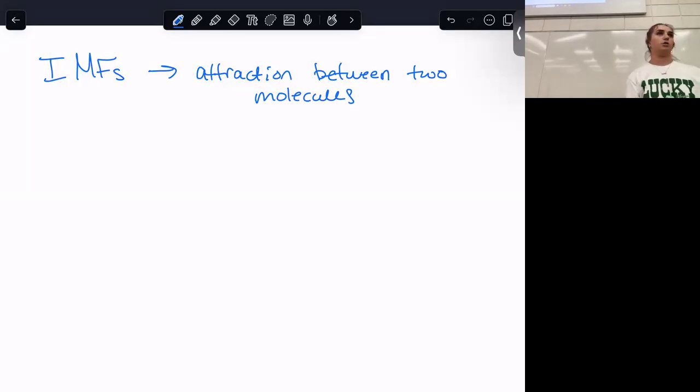This could be an oxygen atom interacting with an oxygen atom, or this could be different molecules. This could be an oxygen atom interacting with a sodium ion, right? It depends on the solution that you have. It depends on the compounds that you're looking at.